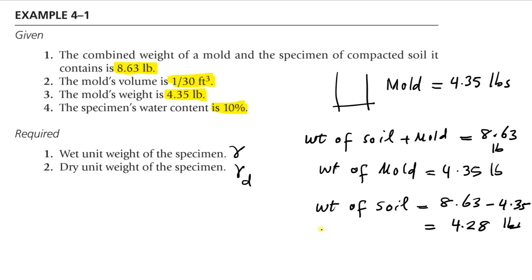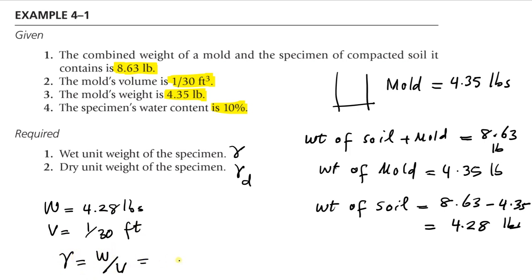So how can I find out the volume? The volume is given, 1/30 cubic foot. So weight is 4.28 pounds, and the volume is 1/30 cubic foot. So what will be the unit weight? Gamma is W over V. So it is going to be 4.28 divided by 1/30.